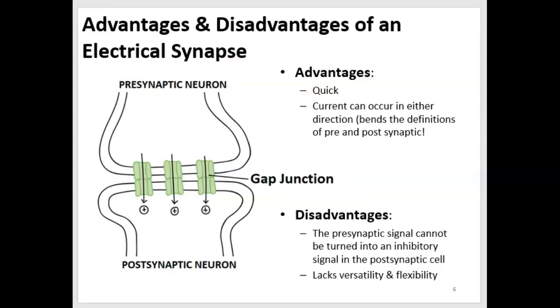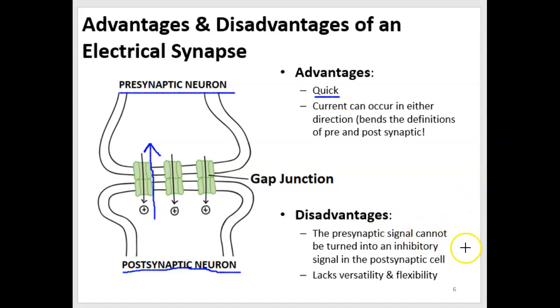Now, there are advantages to an electrical synapse. It's really fast, and the current or the signal can flow in either direction. It depends on which of these neurons fires a signal first or sends a nerve impulse first. So you have to name pre- versus postsynaptic neuron based on the direction of the current or the signal. Now, the disadvantage is that it's always excitatory.